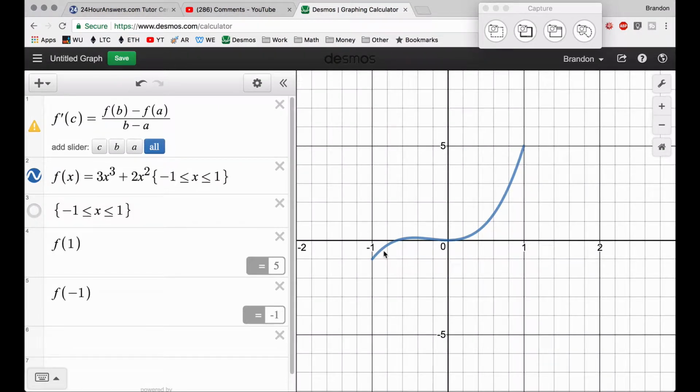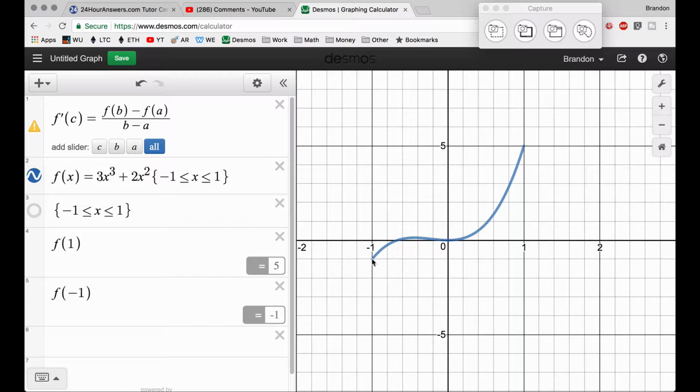Now the way this is drawn in Desmos, we have to be careful when we check this. Each little hash mark on the y values represents 1 unit, but for us to go to the right or left 1 unit, we have to actually go 1 unit and then 1 unit. So be careful with that, but we can check our slope here.